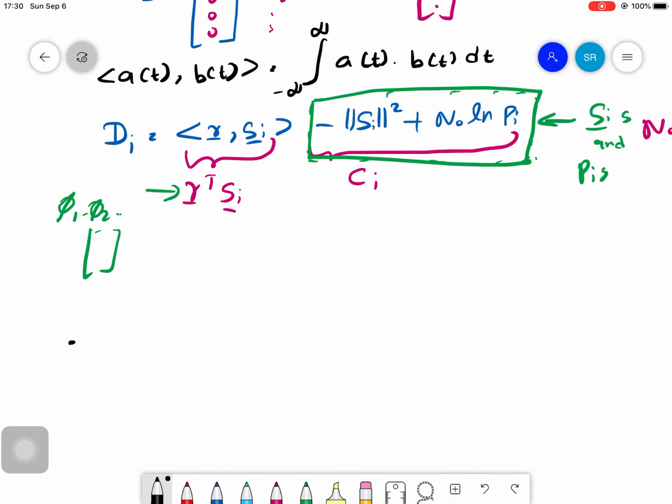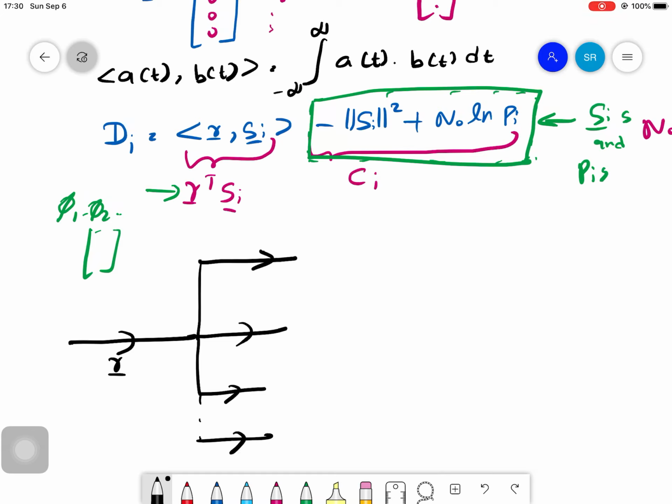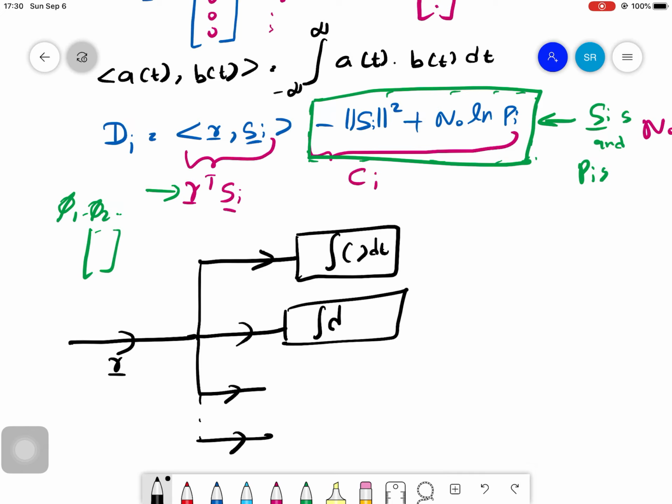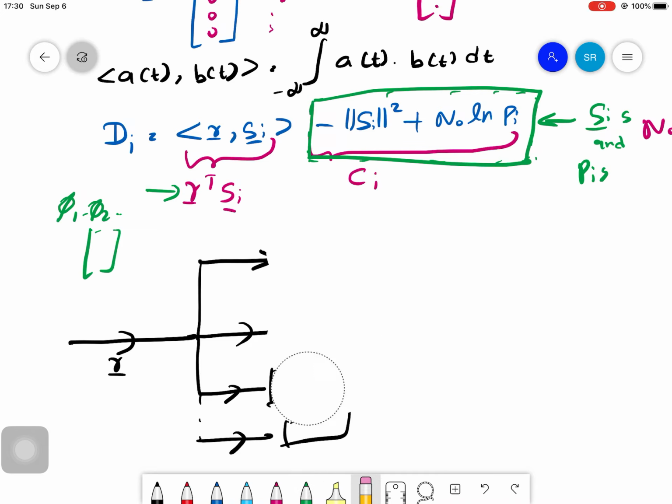So I can implement this as follows. If I receive some signal r, I split it into M paths and place an integrator on each, M integrators in total. Sorry, I ran out of order.